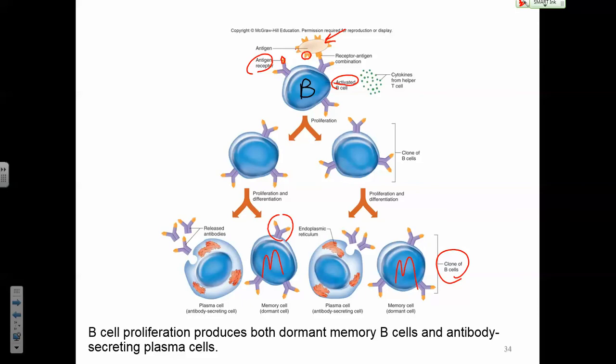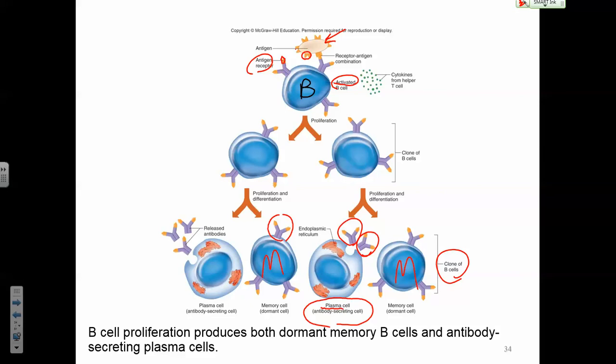Okay. But the other cells start releasing their receptor. And now that receptor is referred to as an antibody. Okay. And so we talked about antibodies a little bit when we did the blood type. Those antibodies are specific for a particular antigen, aren't they? And we're going to look at how antibodies function in a few minutes. But they are released by the type of B cell referred to as a plasma cell.